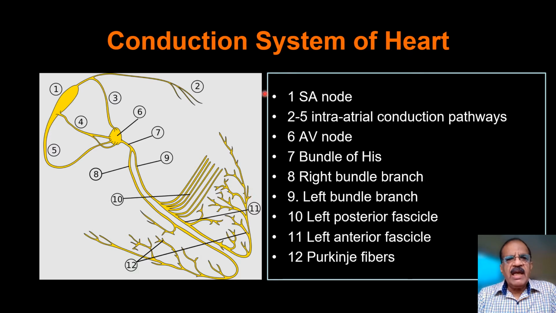Now, the second thing is every possible part of this conduction system is a potential pacemaker. They have the inherent ability to produce a current, but mostly they are kept suppressed by the SA node, because the natural law is the part of the conduction system which has the fastest inherent rate that will rule the heart.